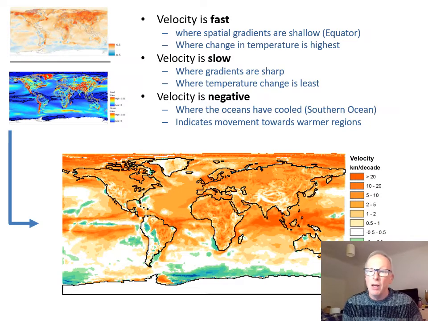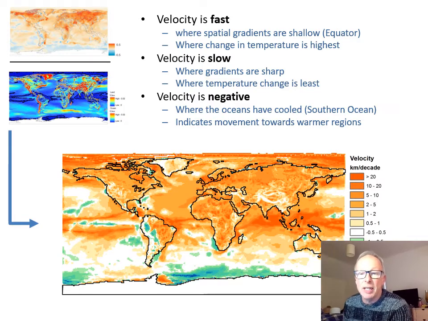Velocity is also fast where the trend in temperature is high, and conversely, where spatial gradients are relatively sharp, where you've got cold water next to warm water and there's an increase in temperature, there isn't much distance to go to find a cold enough place if everything's warmed up by the same amount.